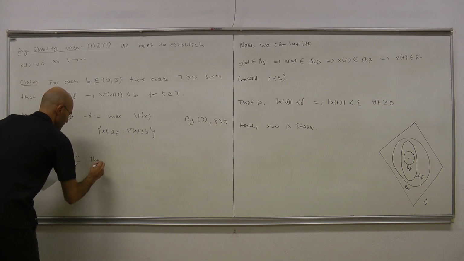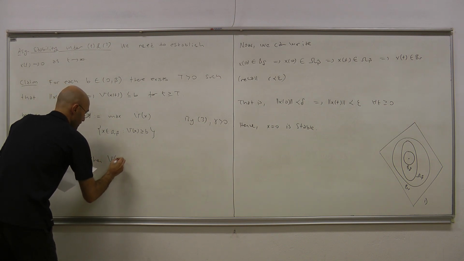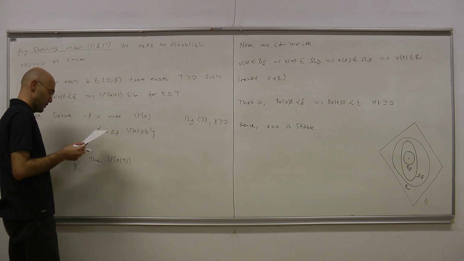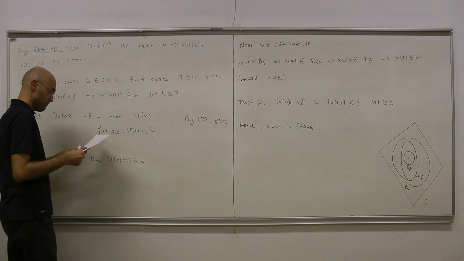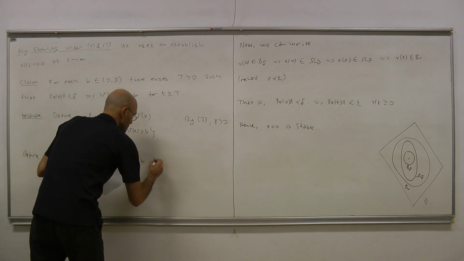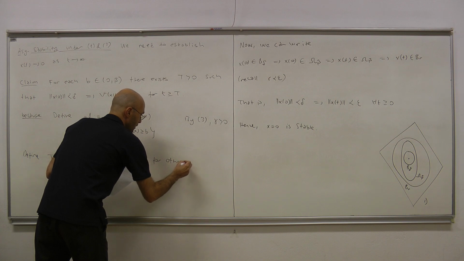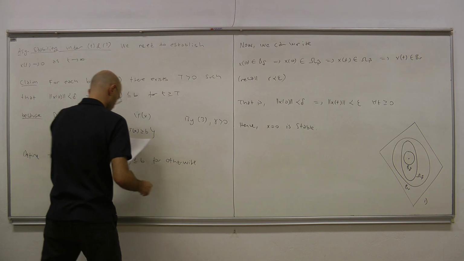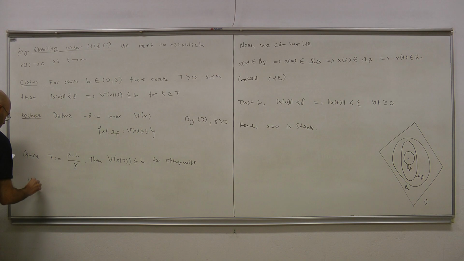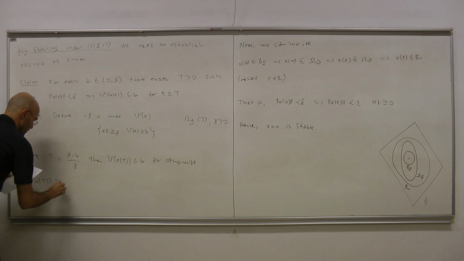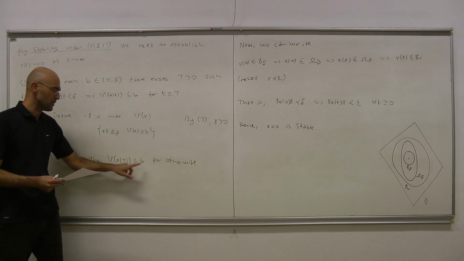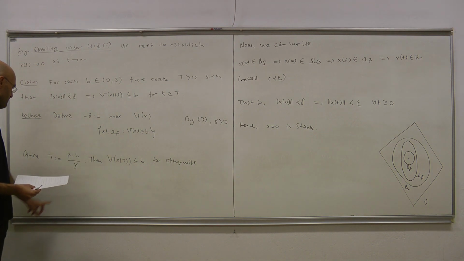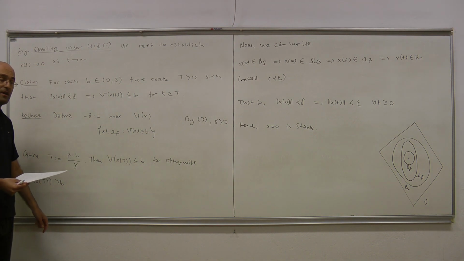Then v of x of t is less than or equal to b, where t is capital T. For otherwise, v of x of t would be greater than b. Okay, so if this doesn't hold, it means that v of x of capital T would be greater than b.